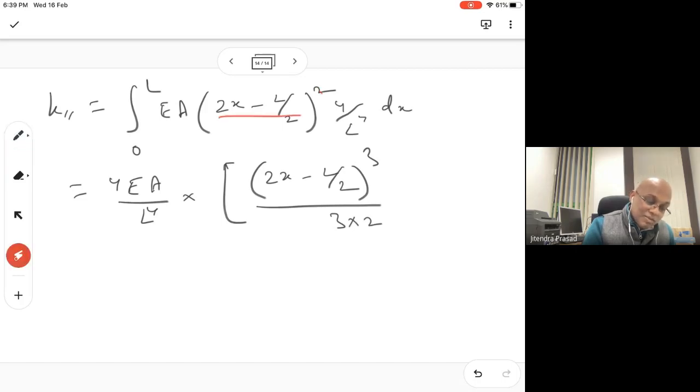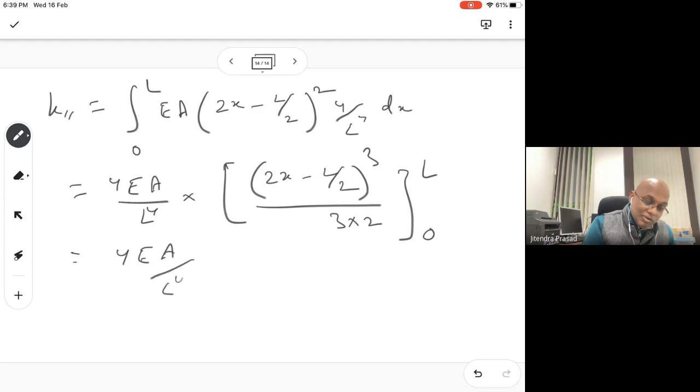So this is cubed, and the 2 is multiplied to x, so we write it here, and 3 because we have 3 here. We can take common 1 over 6 here. Then put L here, so it becomes 2L minus L over 2.